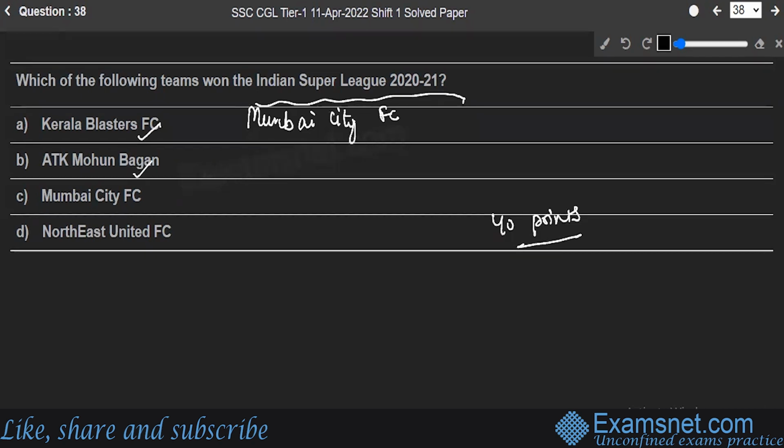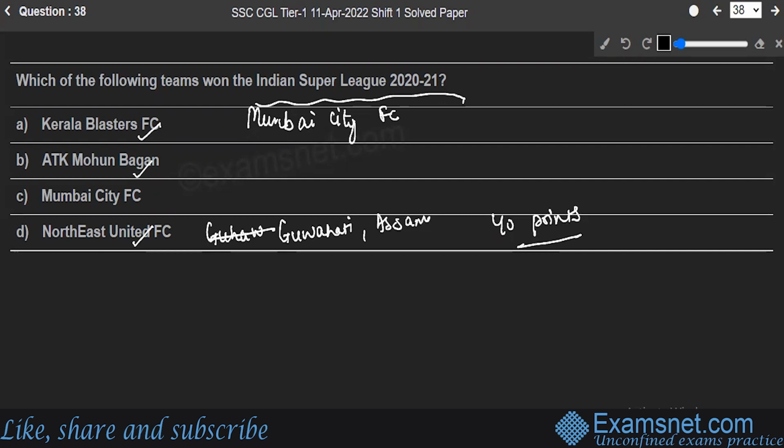NorthEast United FC is an Indian professional football team headquartered in Guwahati, Assam that participates in India's top division, the Indian Super League.